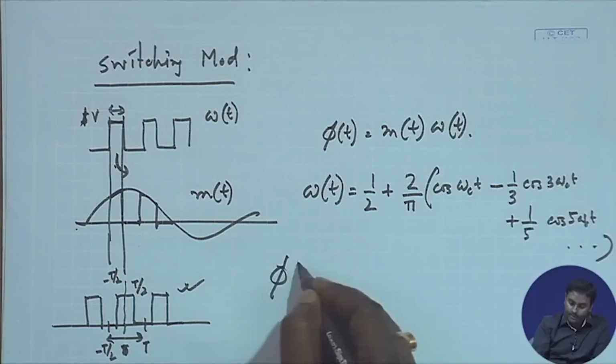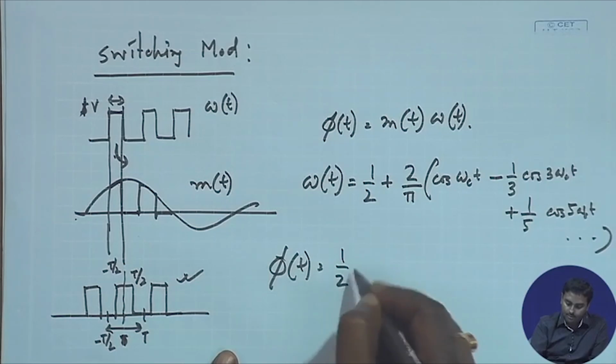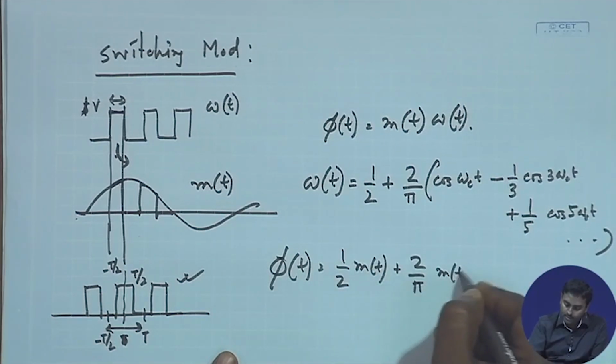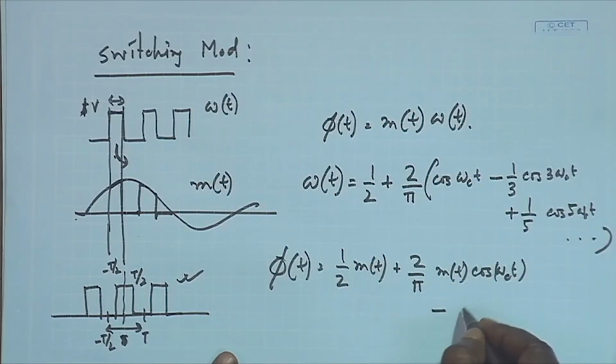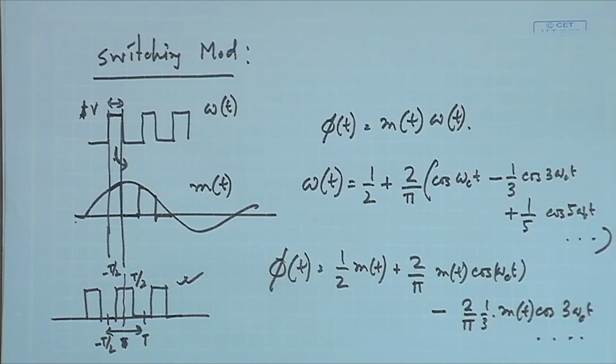Therefore my phi(t) will be, multiplying this, half m(t) plus 2 by pi m(t) cos omega c t minus 2 by pi into 1 by 3 m(t) cos 3 omega c t and so on. Again, do a Fourier transform of this, because phi(f) I wish to see.